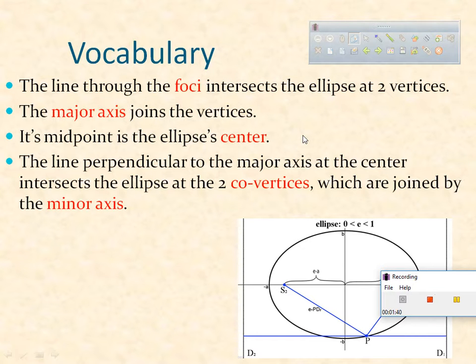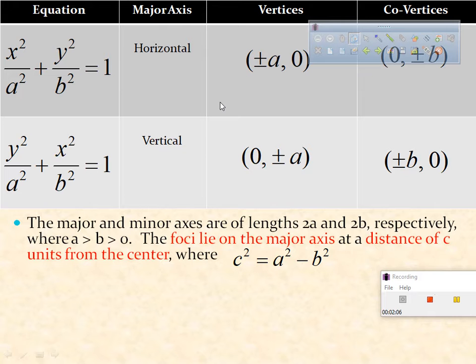So the standard form equation for an ellipse is written right here, depending on if it's horizontal or vertical. If you notice, I've got x squared over a squared plus y squared over b squared is equal to 1. The major thing about an ellipse is that the equation in standard form is always set equal to 1.